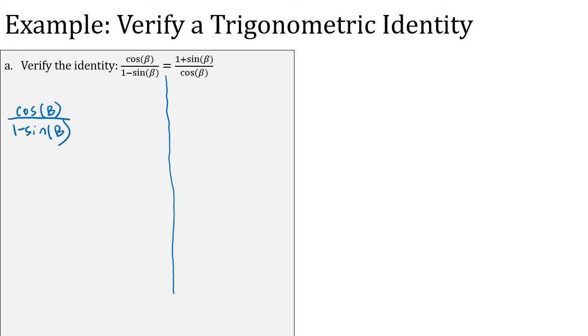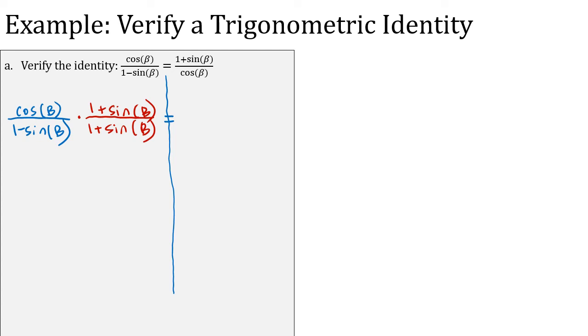I'm going to multiply that by the conjugate of the denominator. 1 plus the sine of beta is the conjugate. I'm going to multiply that on the bottom, and I'm going to multiply that on the top. And what I'm hoping to do each step along the way is get closer and closer to turning the left-hand side into the right-hand side.